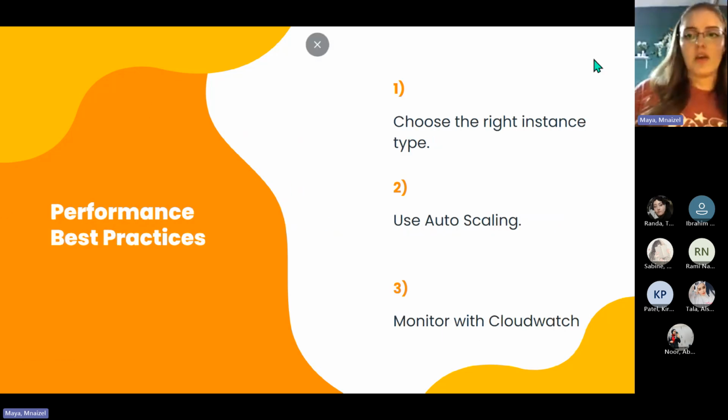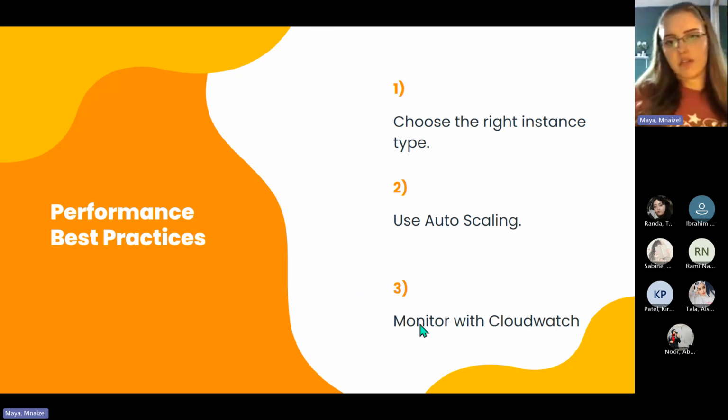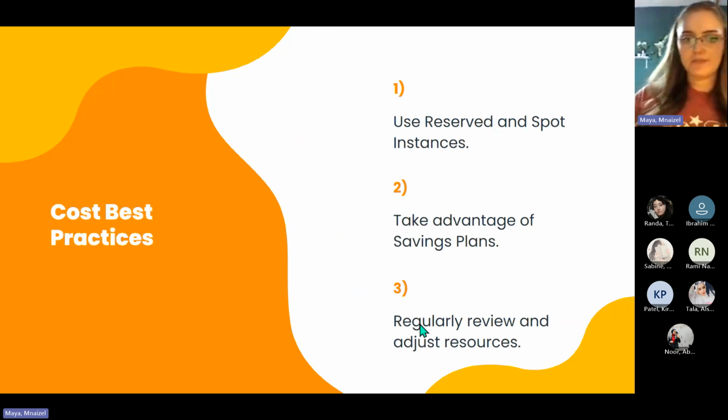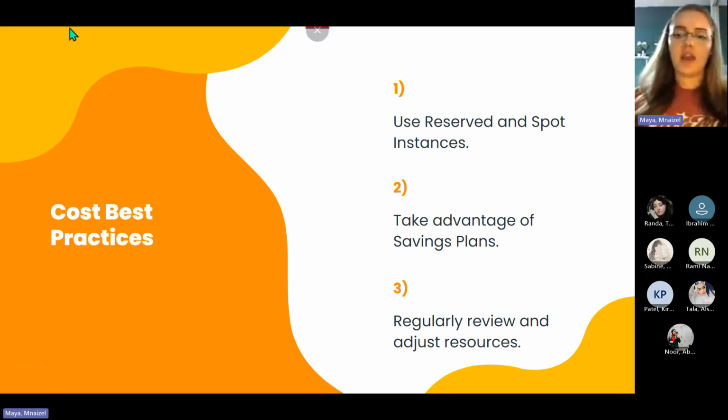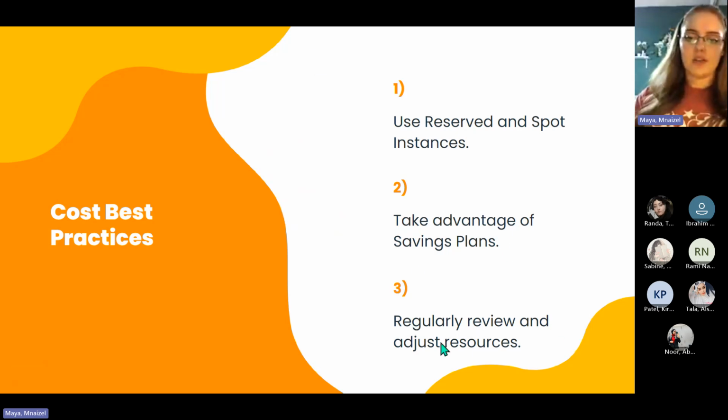For performance, we can use the right instance for the right use case. We can use an auto scaling group, and then use it with CloudWatch alarms. We're going to use that in our CloudWatch lecture. For cost, we can use reserved and spot instances and savings plans. We can take advantage of savings plans, and we can regularly review and adjust resources.